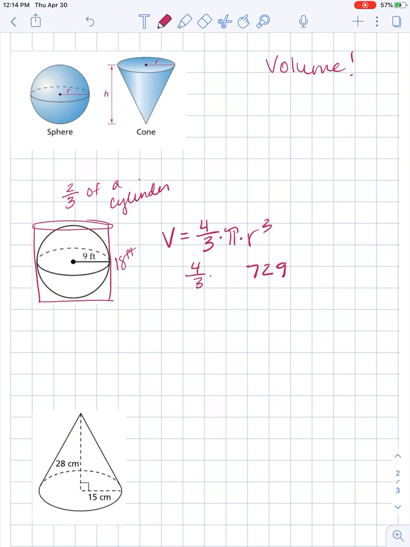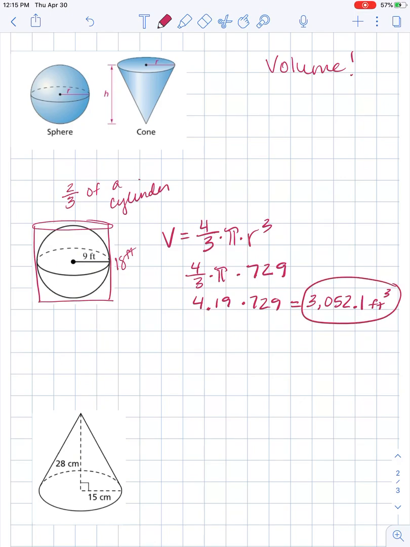So we need to do 4/3 times pi times 729. 4 divided by 3 is 1.3333 times 3.14 is 4.19, and we'll round. 4.19 times 729, and when we do that, our volume of this sphere is 3,052.1 cubic feet.